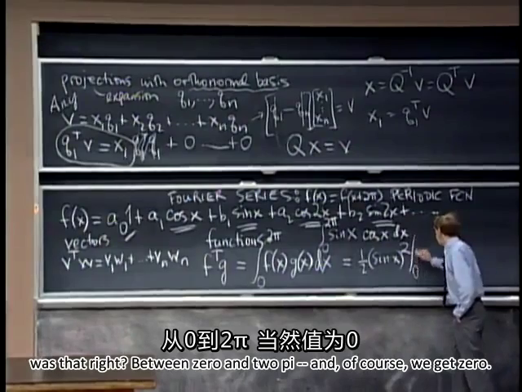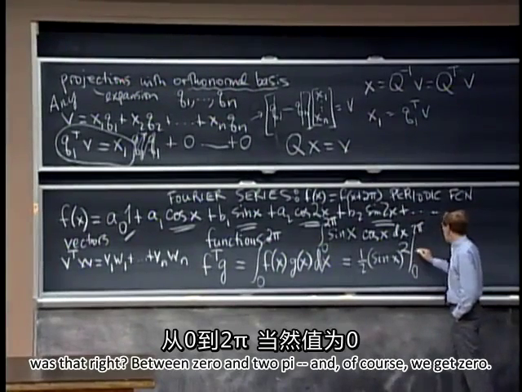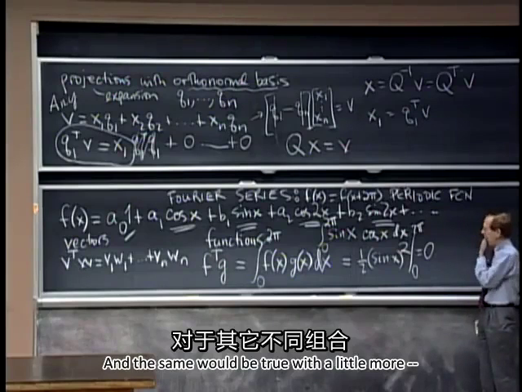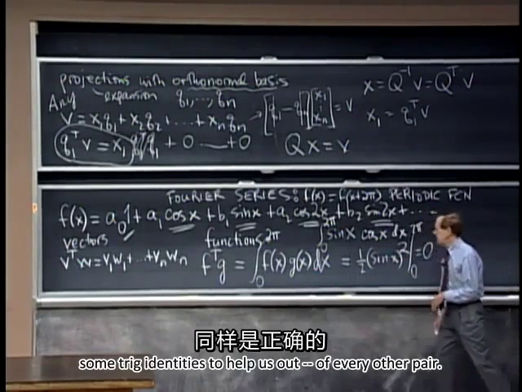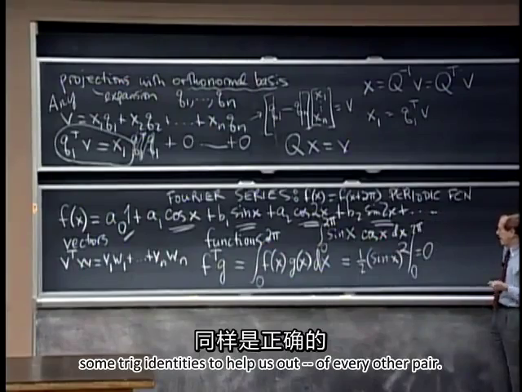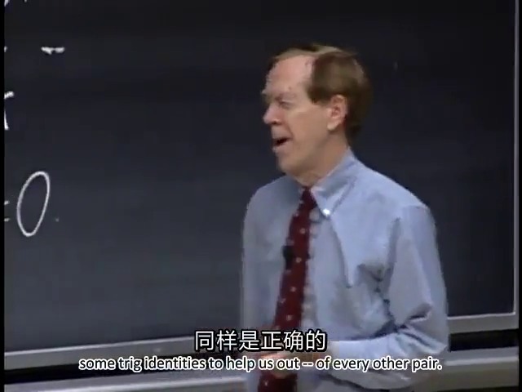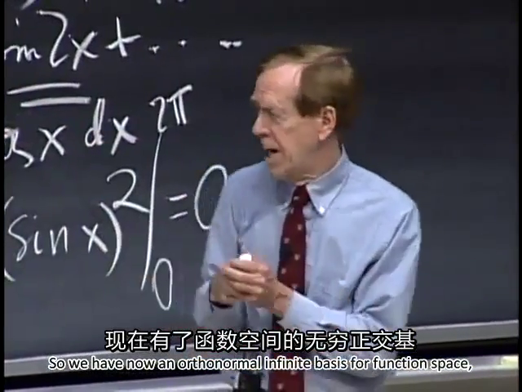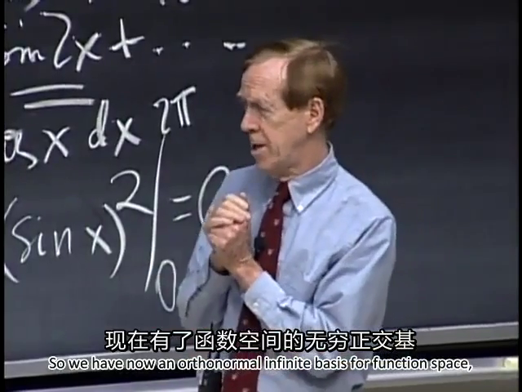Between 0 and 2 pi. And, of course, we get 0. And the same would be true, with some trig identities to help us out, of every other pair. So we have now an orthonormal infinite basis for function space.